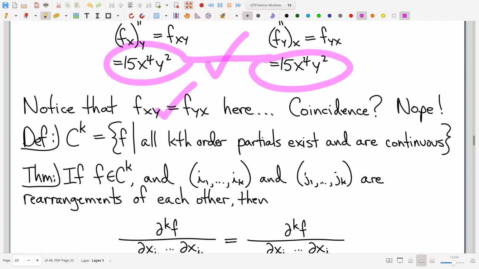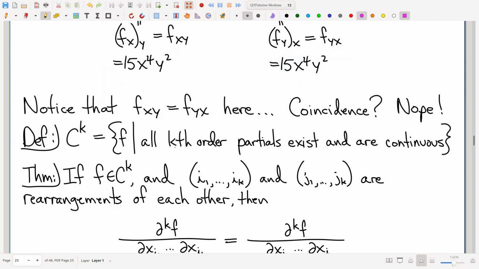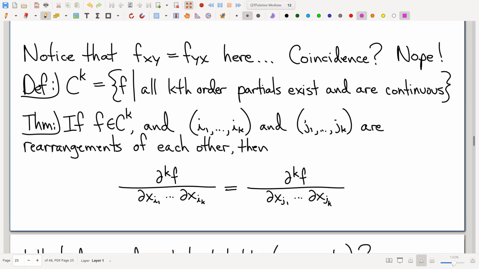All right. So this nice coincidence happens very often. In order to state this precisely, I need to talk about this notation, C^K. This is a particular category of functions.